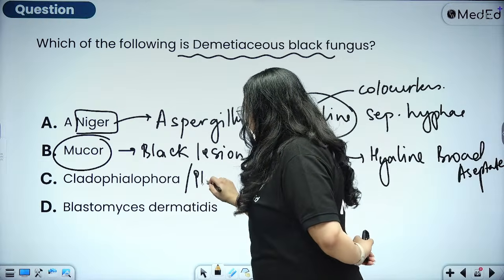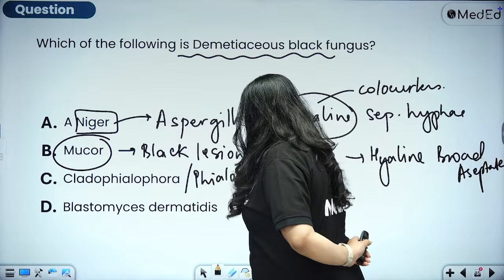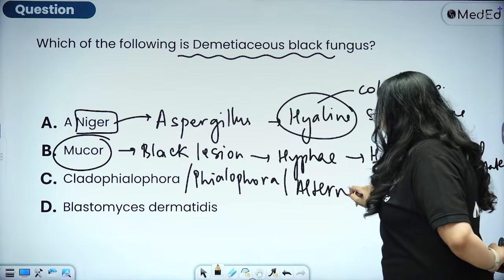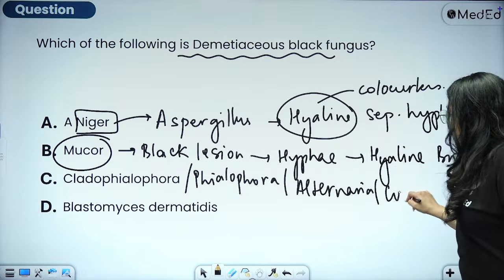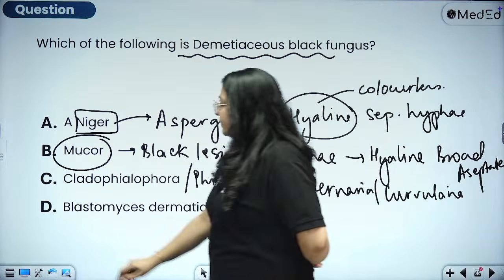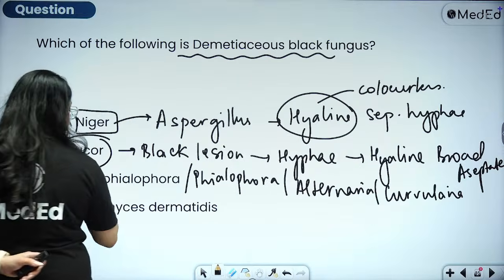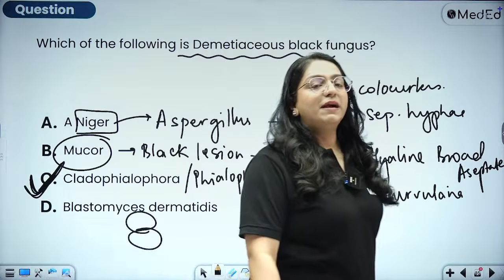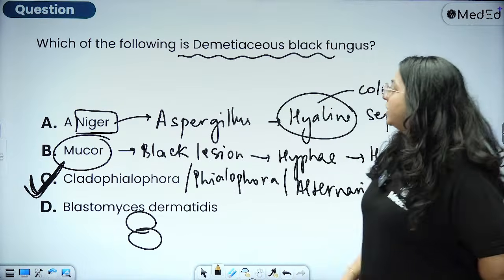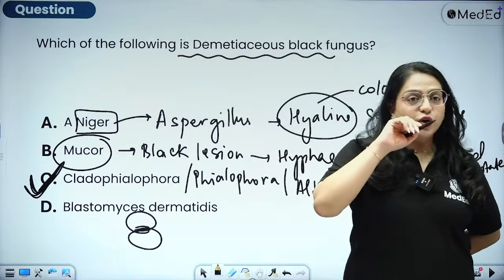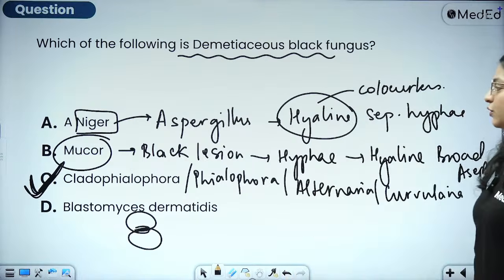Cladophialophora, Fonsecaea, Alternaria, Bipolaris, Curvularia, whatever you hear, dematiaceous. Blastomyces, figure of 8 appearance, broad-based budding yeast cell, not even a mold. It is a yeast cell. So your only option is Cladophialophora.